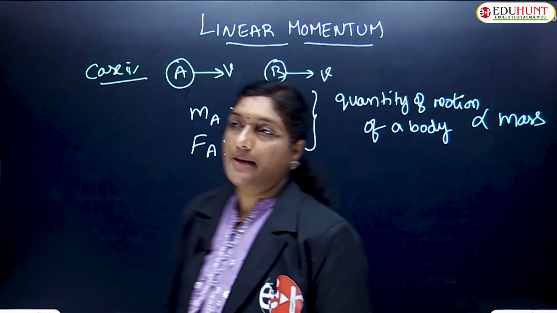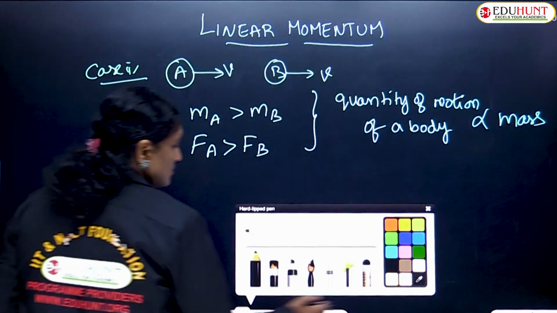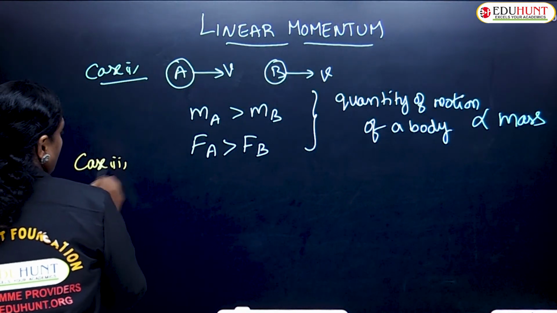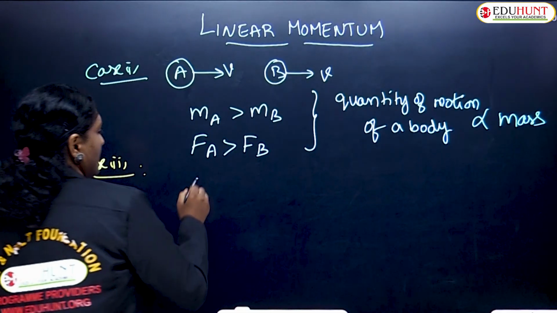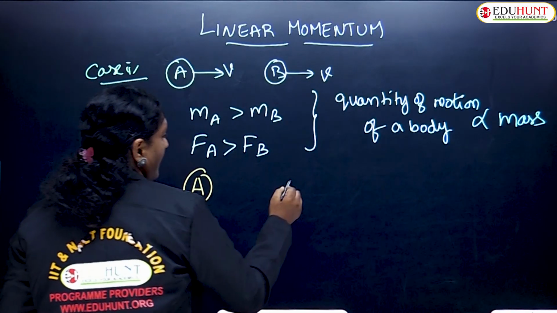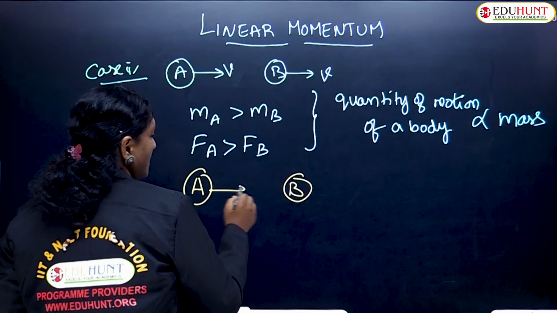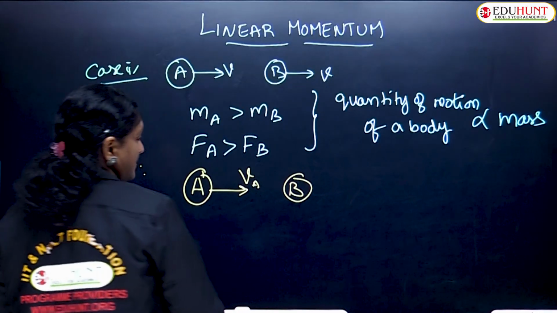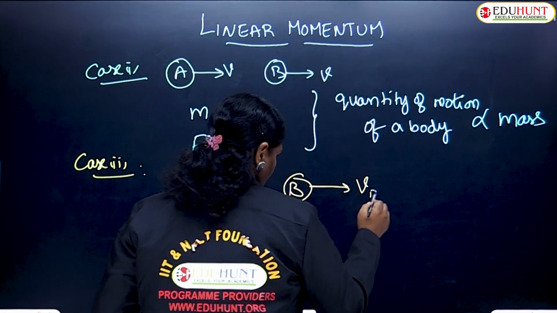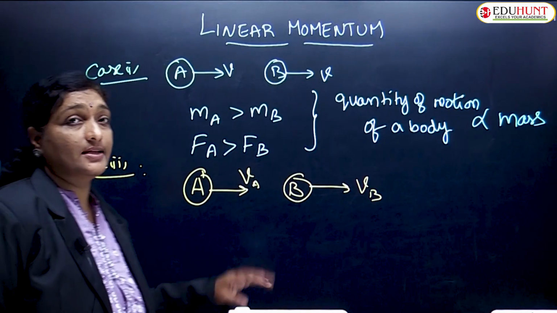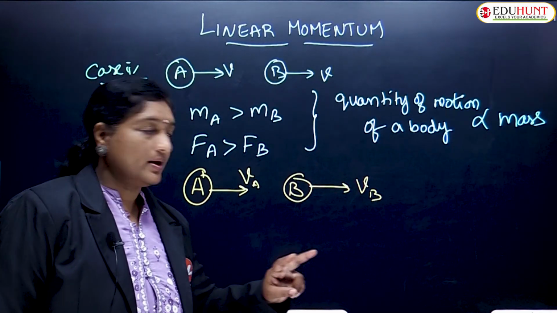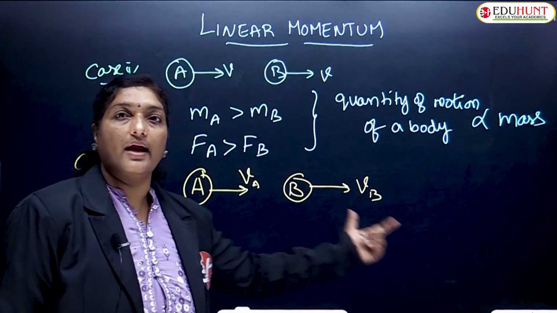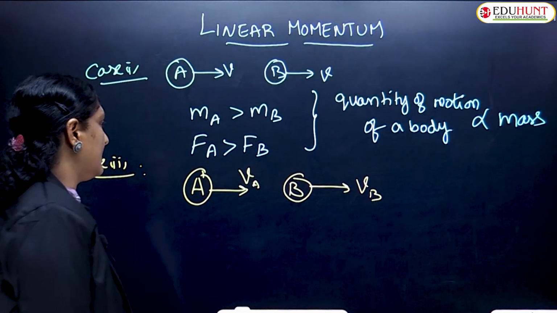Moving on to the second example, let us consider case 2, children. Again let us consider two different bodies, say A and B, moving with two different velocities, VA for the first body and VB for the second body, in the same direction.